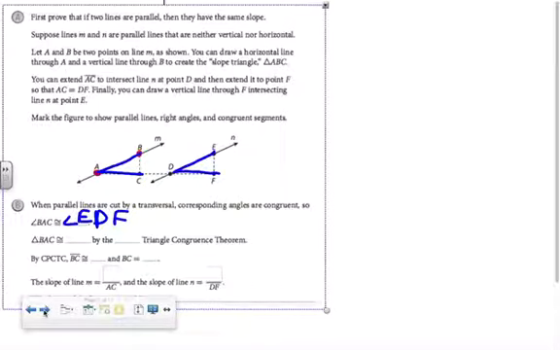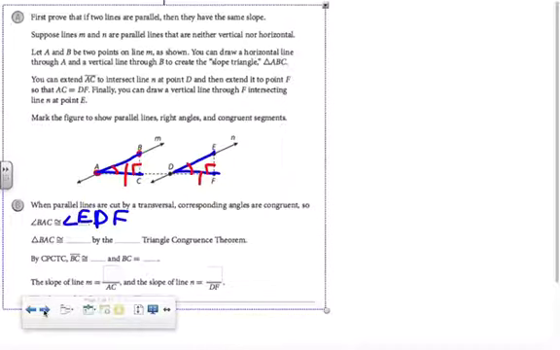Based on those angles being congruent, and based on the way this triangle was built, AC is equal to DF. We know that a horizontal line and a vertical line form right angles, so those angles are congruent.